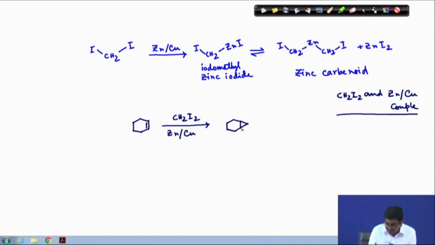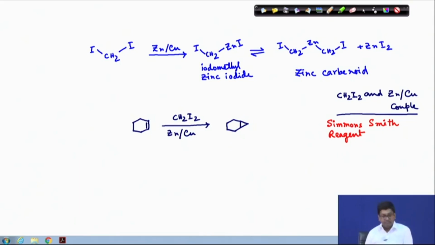We will get, nicely, from the olefin the corresponding cyclopropane. Okay. So, this is the basic fundamental reaction for the Simmons-Smith reaction, and this is called the Simmons-Smith reagent.